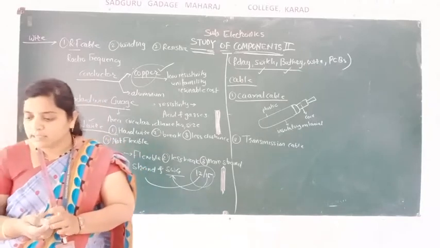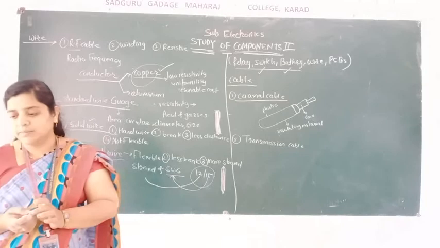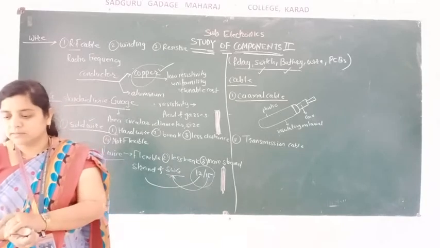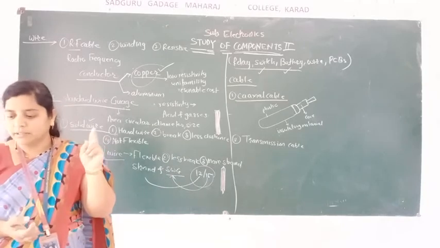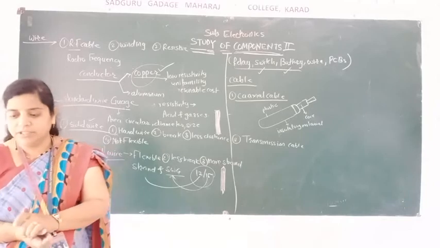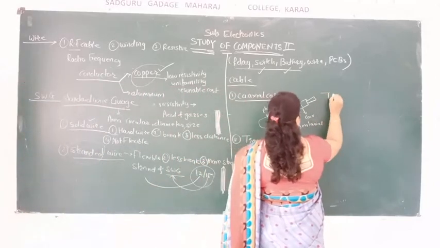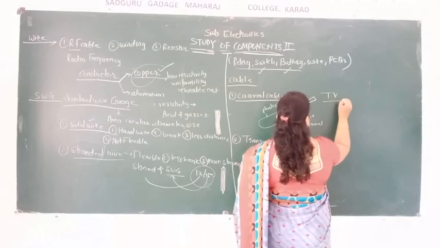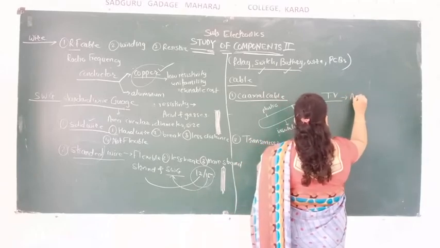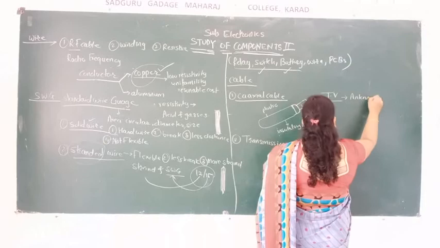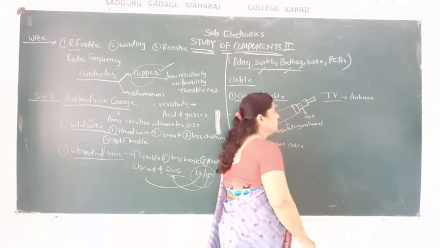The coaxial cable is used in television to connect the antenna. It is called the coaxial cable.